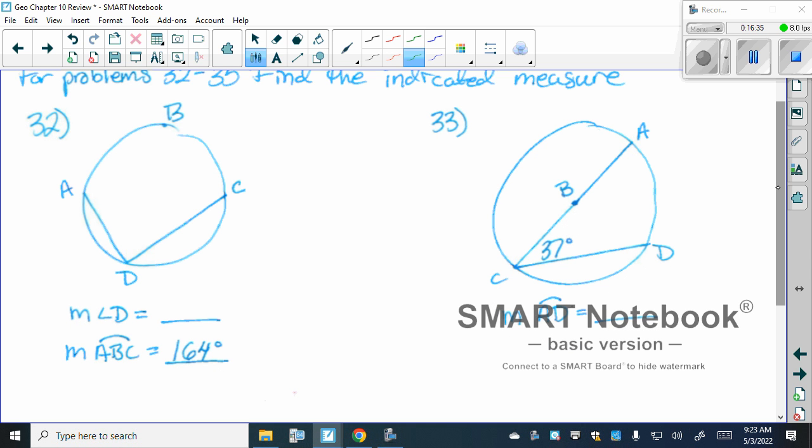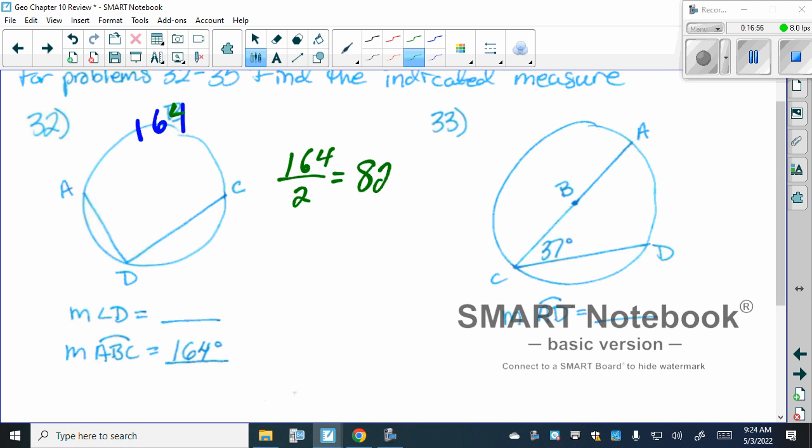Now, 32, why don't we look at it? So ABC is 164. What do we know about angle D? This is an inscribed angle, so it's going to be half. So we can take 164 and divide it by 2.